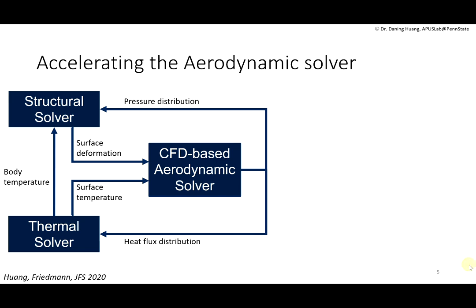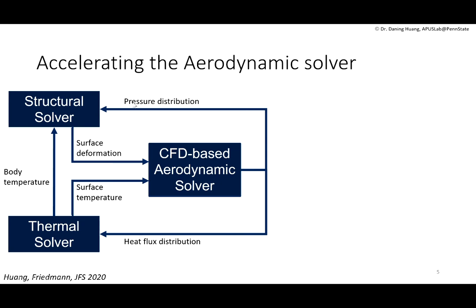So the essential bottleneck in this simulation is the aerodynamic solver, where the aerodynamic solver should take the surface deformation of the structural solver and the surface temperature from the thermal solver, and then given the deforming surface, the aerodynamic solver will return the pressure and the heat flux acting on this surface.